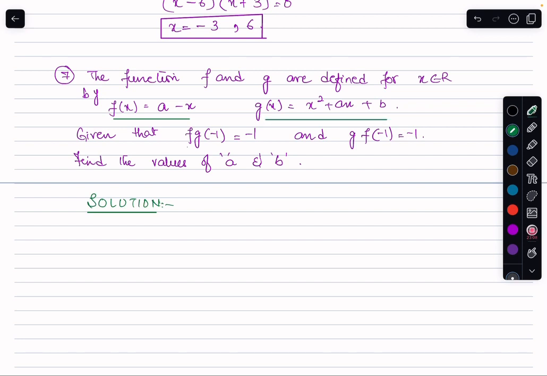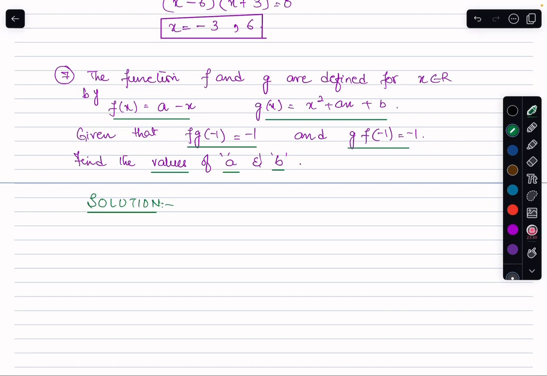Given the condition that f of g of minus 1, meaning the composite function f of g at x value minus 1, should give the function value which equals negative 1. And g of f of minus 1 equals negative 1. So find the values of a and the values of b. Just be specific that they are asking for the values, so that means there may be more than one value of a and b.